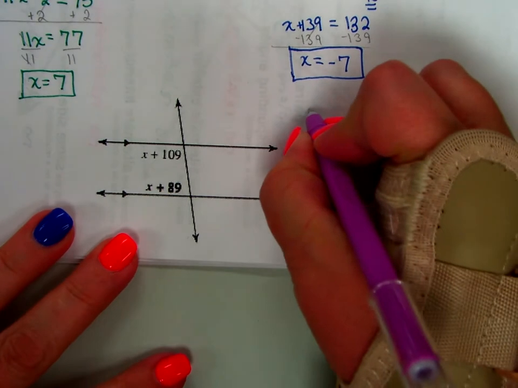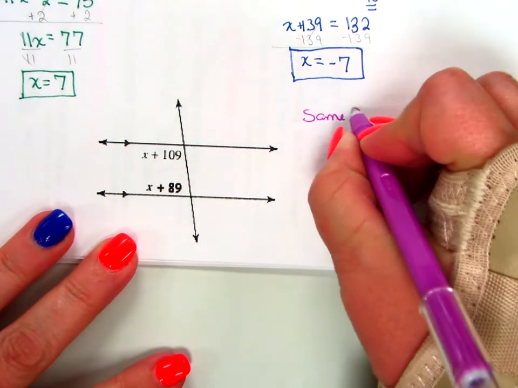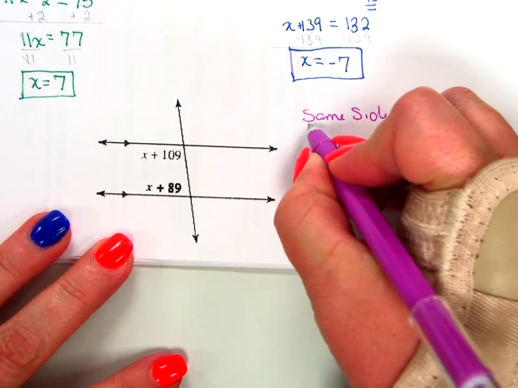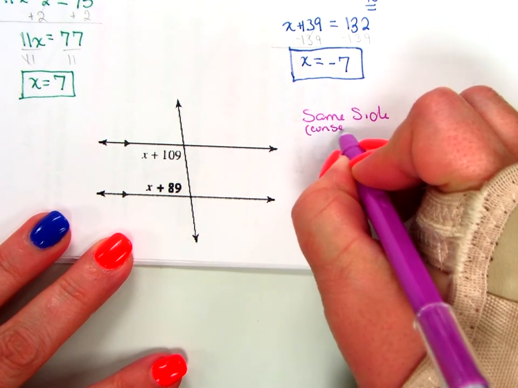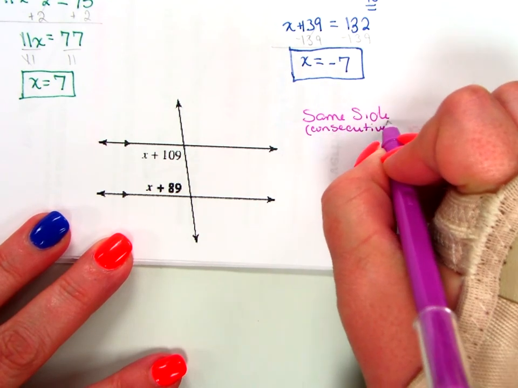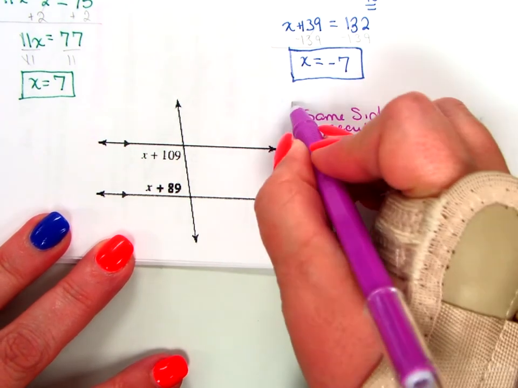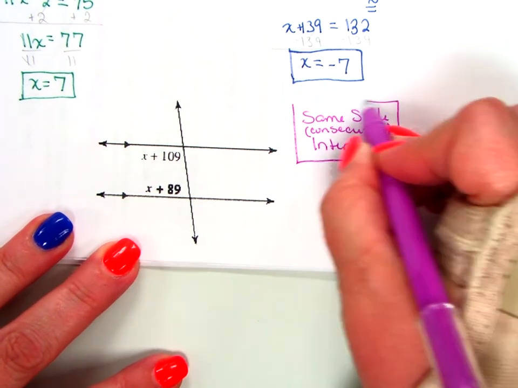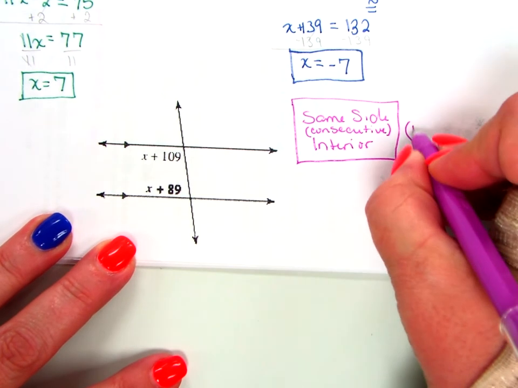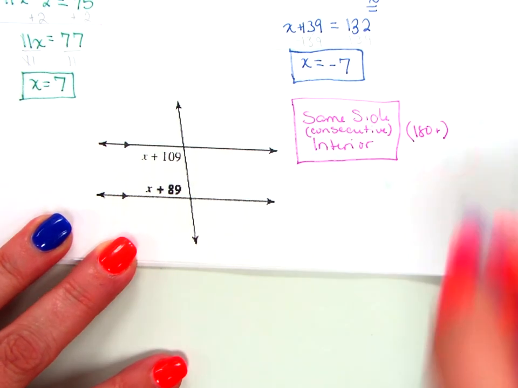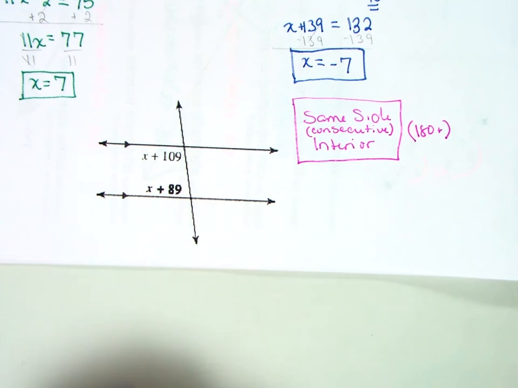All right, and then last but not least, what's the relationship between these two angles? Consecutive interior. Same side or consecutive interior. And what does that mean their relationship is? They're supplementary, so they're going to add up to 180.